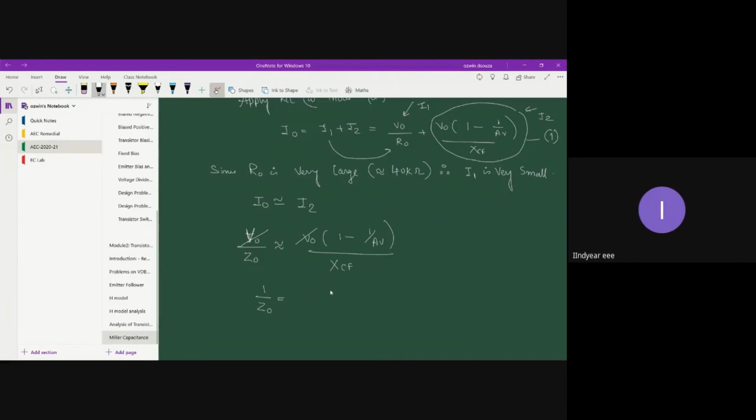What I will do, I will shift this numerator onto the denominator side. So let me write 1 divided by XCF divided by 1 minus 1 by AV.